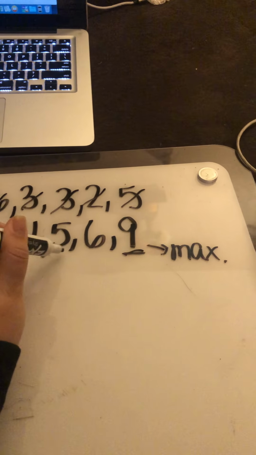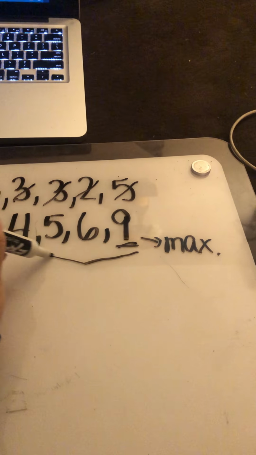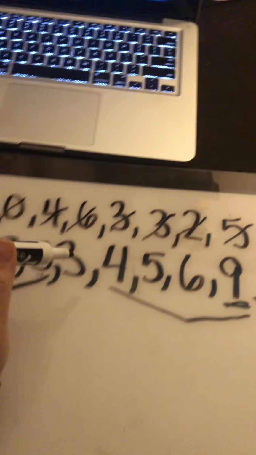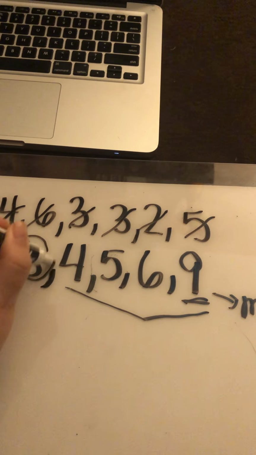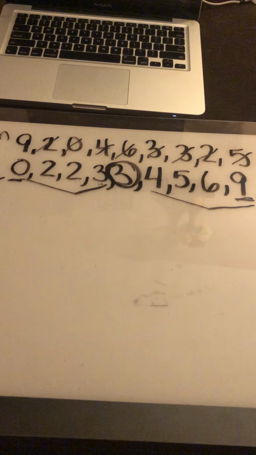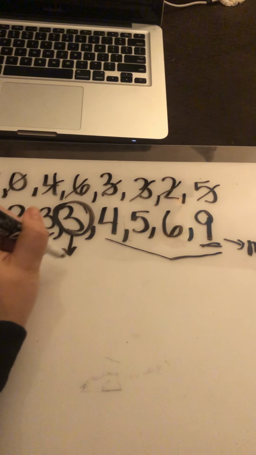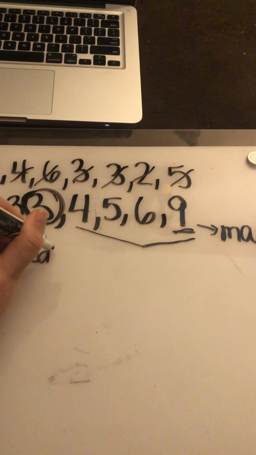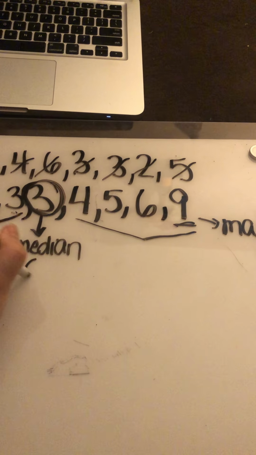And then there's 1, 2, 3, 4 numbers here. So my median is going to be 3. And that's going to be my middle number. Okay? Because it's right in the middle of my data set. So this is my median, or sometimes we call that quartile 2.